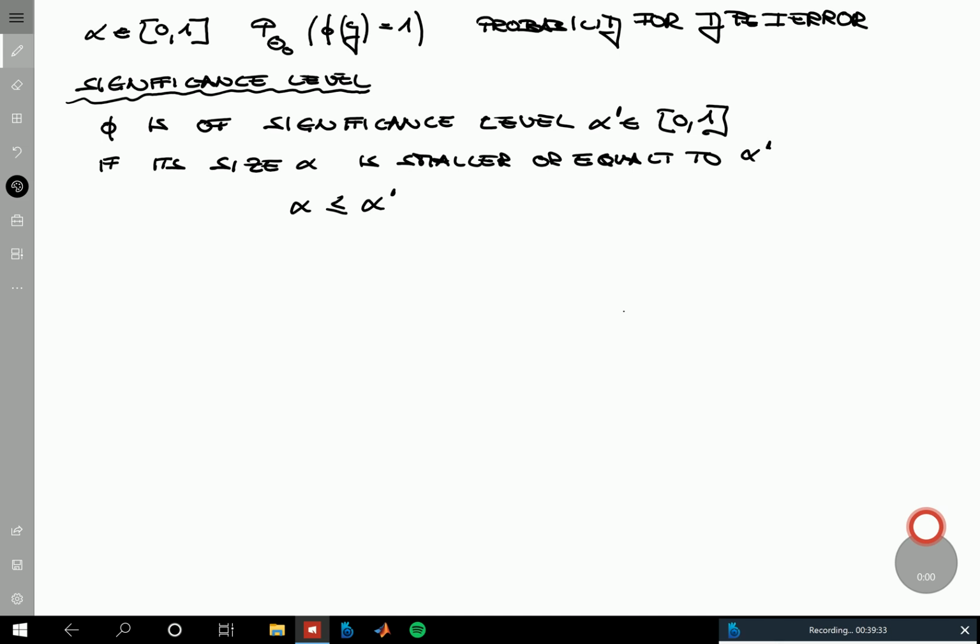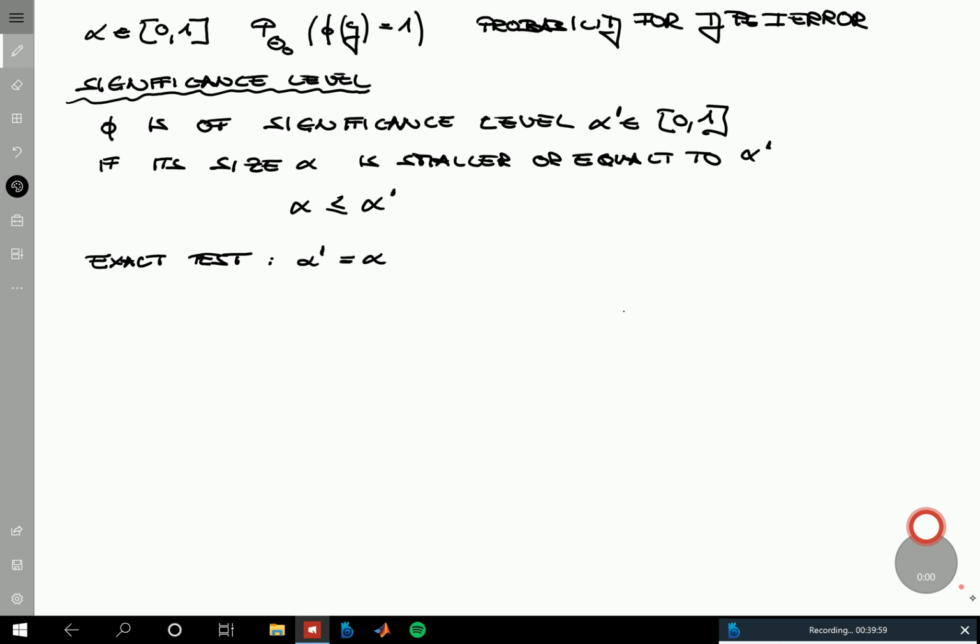So the reason why this often causes confusion is because you are mainly familiar with the t-test, which is an exact test. So an exact test is a test with a significance level alpha prime, which equals the size.